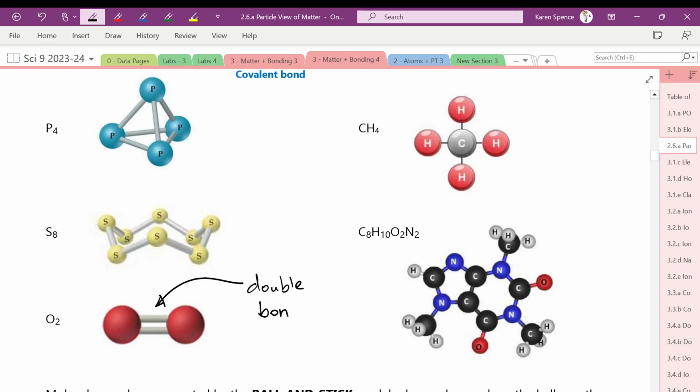How many electrons is that? 4 electrons, 2 pairs. This right here, this is caffeine. Crazy, yes? So molecules of compounds can get really, really complicated.